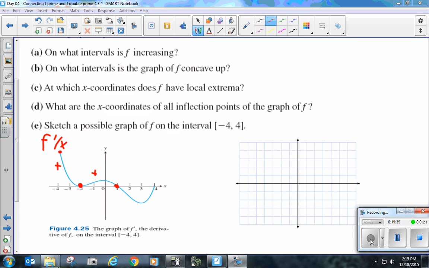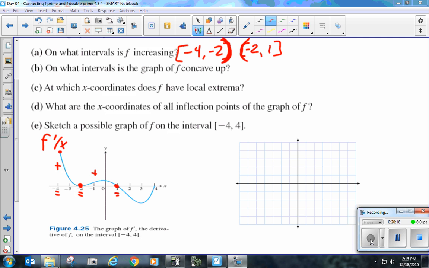Well, from -4 to -2 it's increasing, and from -2 to 1. Actually, we should split them up, because at 2 it's actually 0. We don't want to include 2 because at 2 the slope would be horizontal, which is a 0 slope.